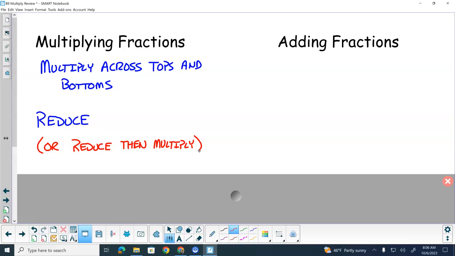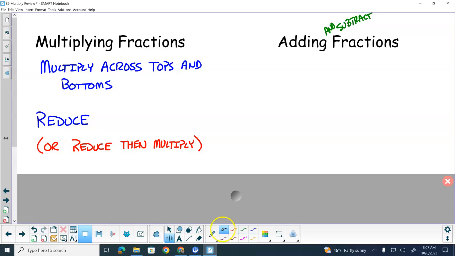Okay, let's go to adding and subtracting. So when did we do those? We did those Monday and Tuesday of this week. What are my rules, my steps for adding or subtracting?